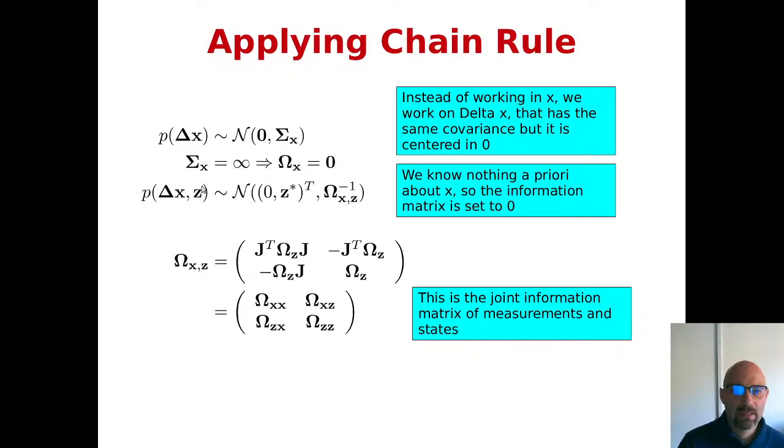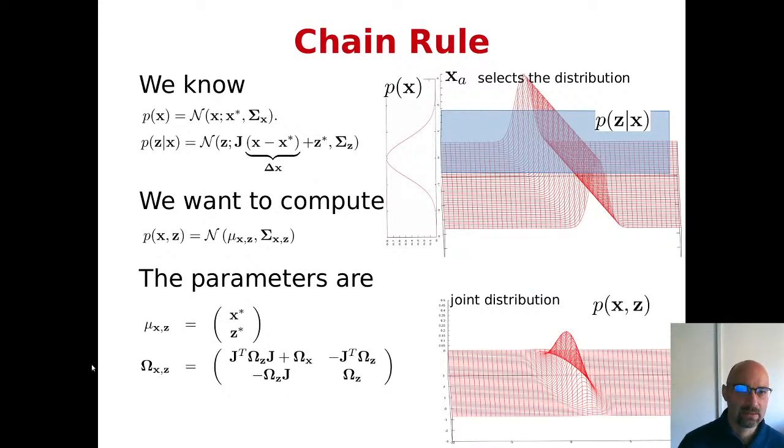What I've done here with respect to this case over here, I highlighted the role of delta x, right? So delta x is my new variable. Instead of calculating something in x, I calculate something in delta x, because both quantities are related just by a simple minus.